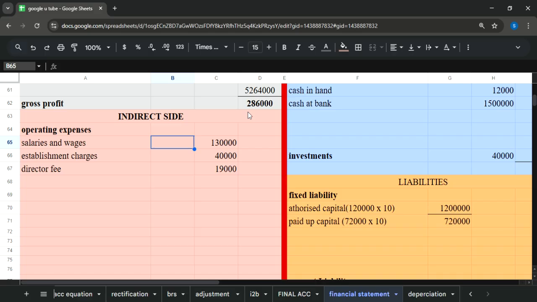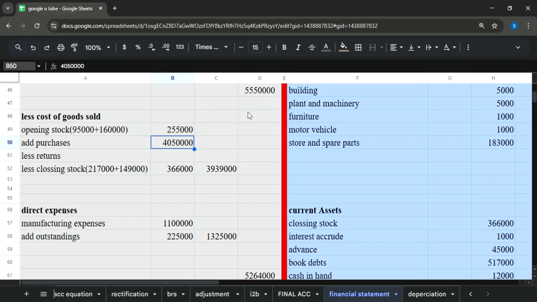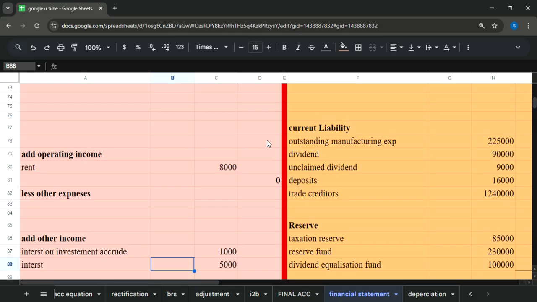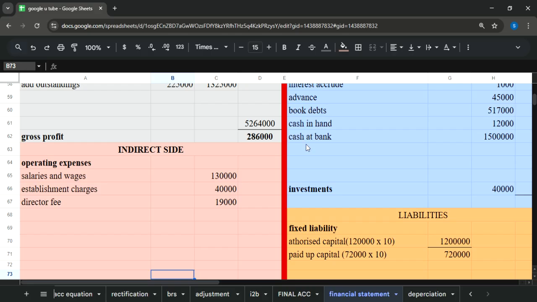Look, why I have taken so much time, because it is very important for your papers to be attentive and check again and again. We have checked the amount of sales, opening stock, purchases, each and every amount was double checked. So we have got our gross profit 286,000. It means we can now start our calculations for net profit.